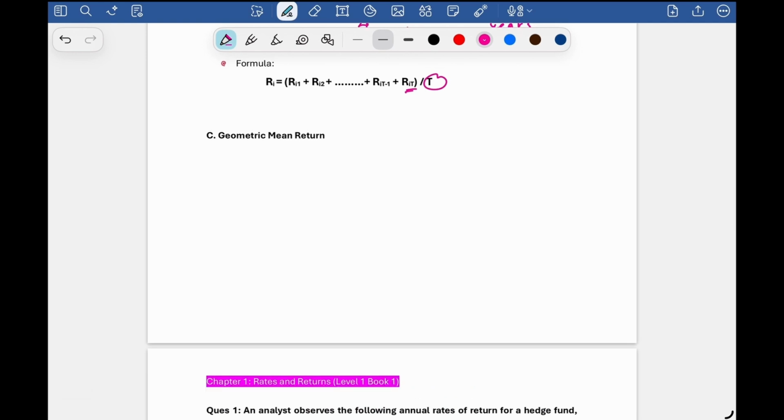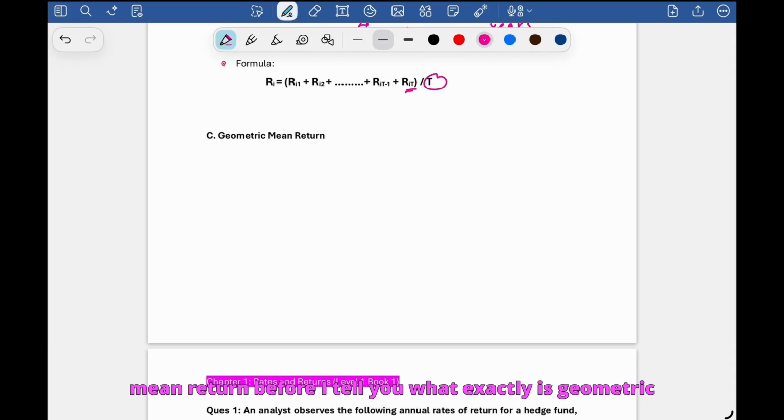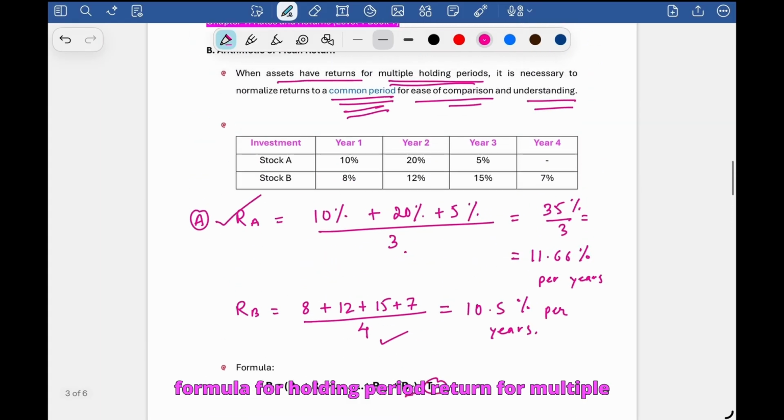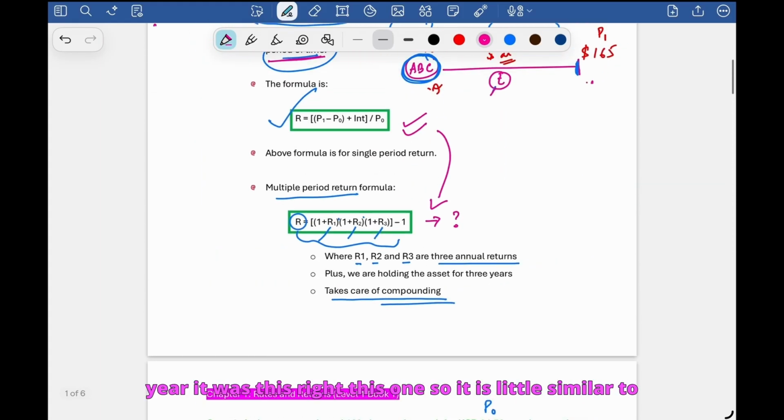So geometric mean return, before I tell you what exactly it is and how it is different from the above two returns, first of all, let's see the formula. Alright, I'm going to write it down. If you remember the formula for holding period return for multiple years, it was this, right?